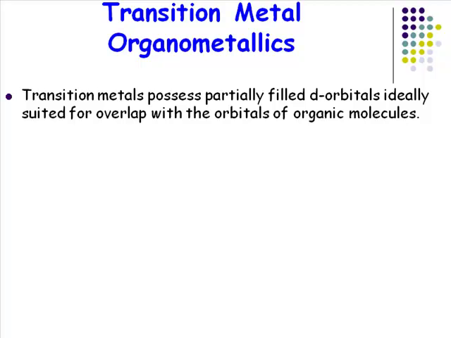You can hybridise those d orbitals with the s and p atomic orbitals, and when you do that, you can adopt a very great variety of different coordination geometries and organisation of hybridised ligands. And those hybridised ligands have just the right symmetry properties to overlap with the orbitals of organic molecules.